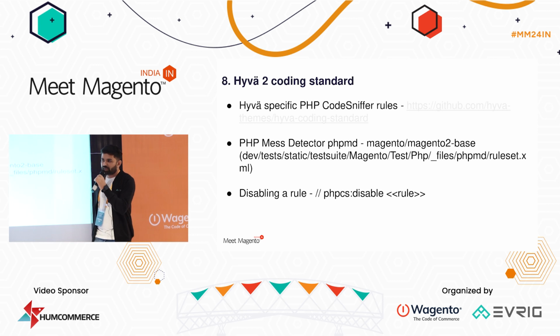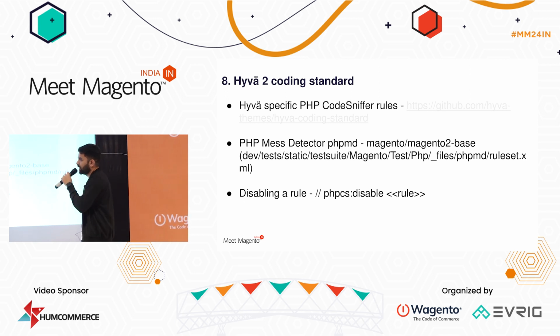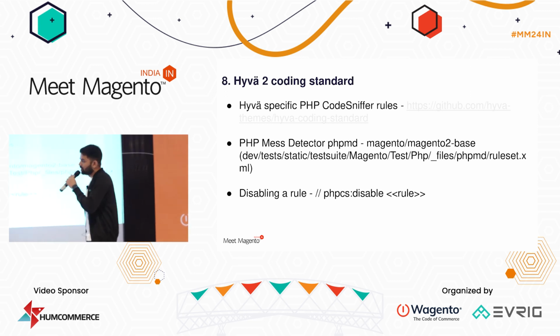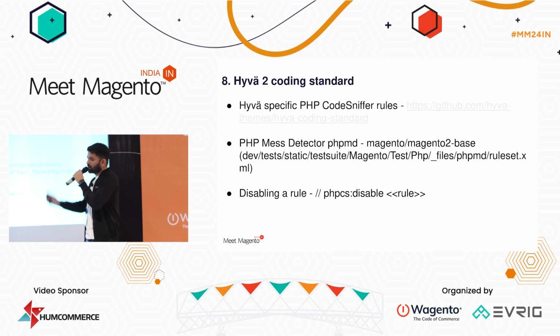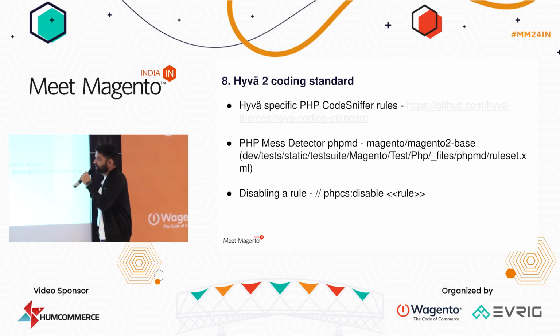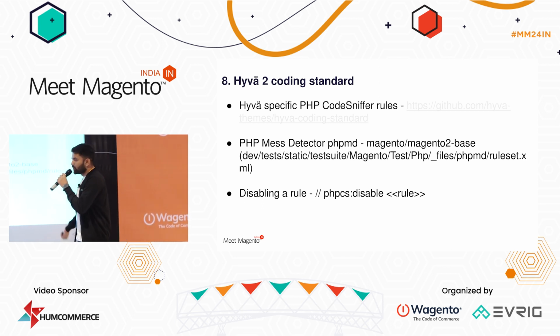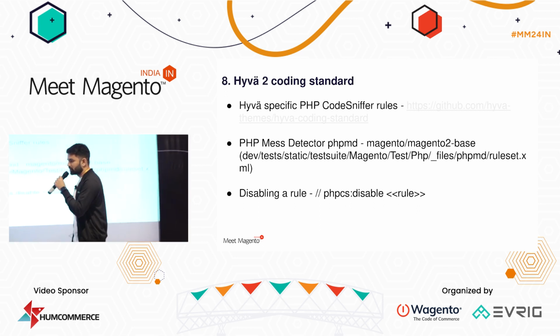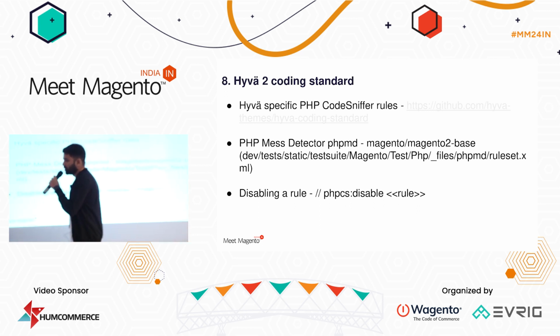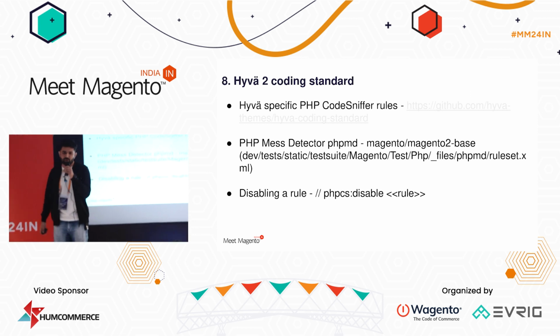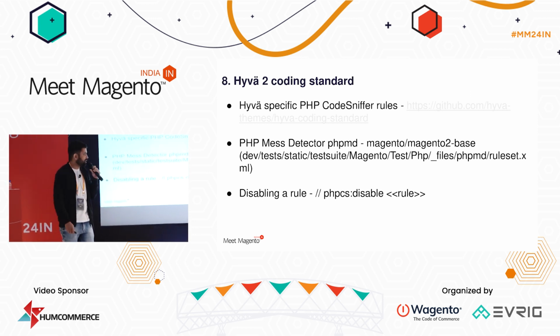So there are some coding standards for the Hyvä theme which we have to follow while creating a Hyvä-compatible module. You can find all those rules here, and you can also disable some specific rules in your template file, but you have to be specific when disabling any coding standard rule.